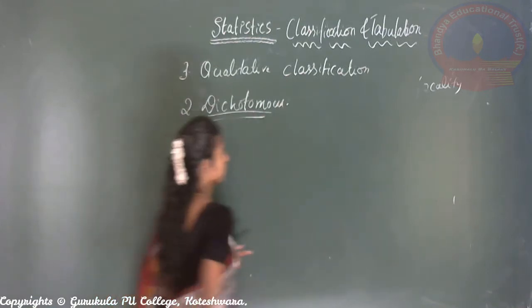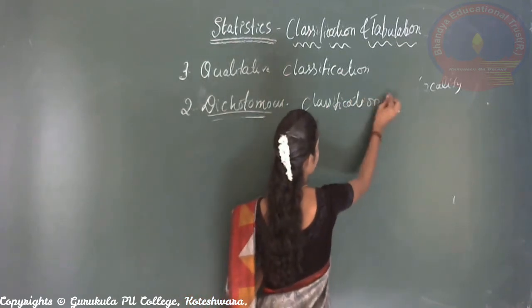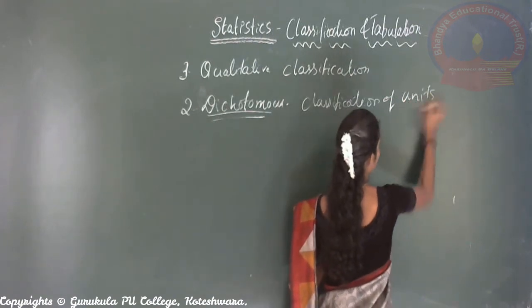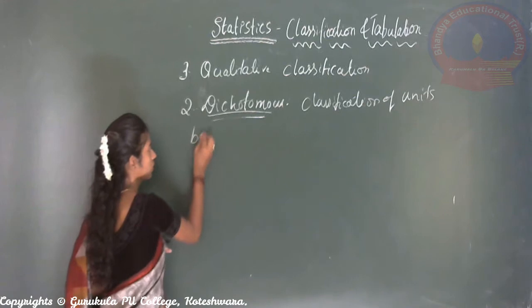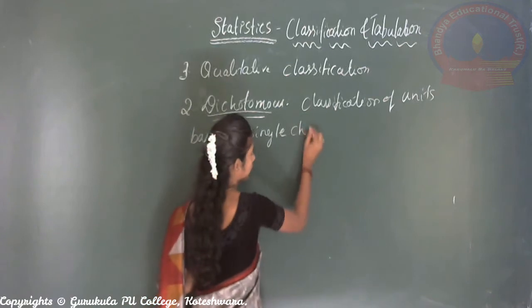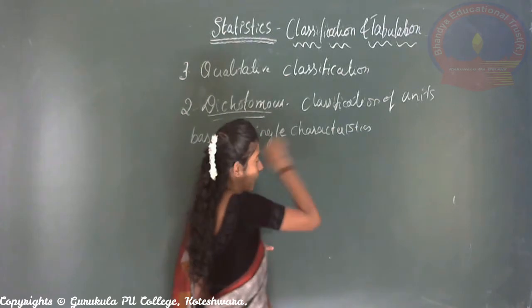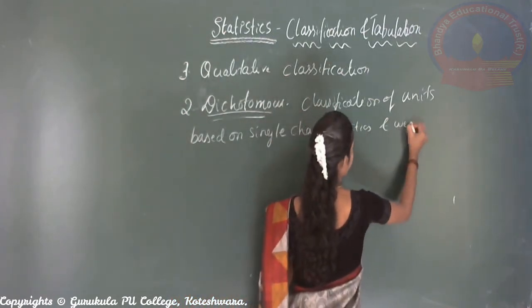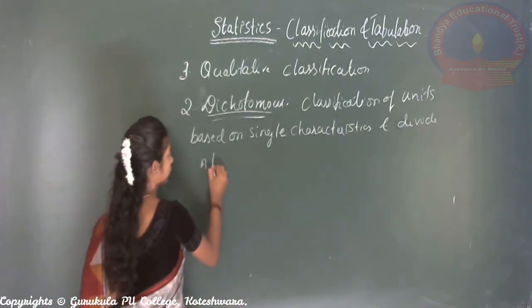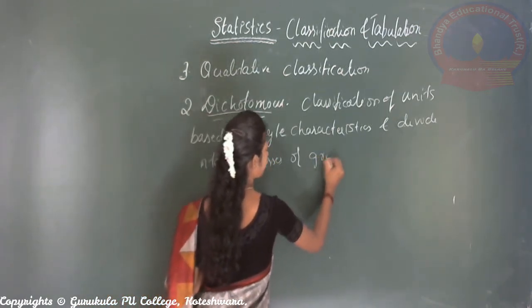Here dichotomous is classification of the units based on single characteristic and divide into two classes or groups.